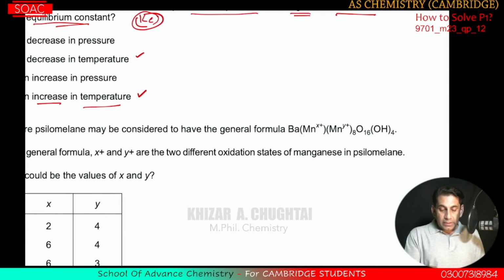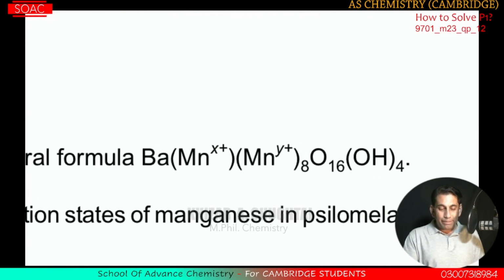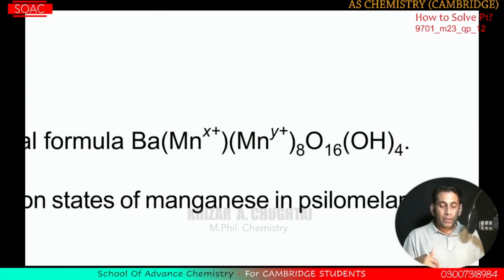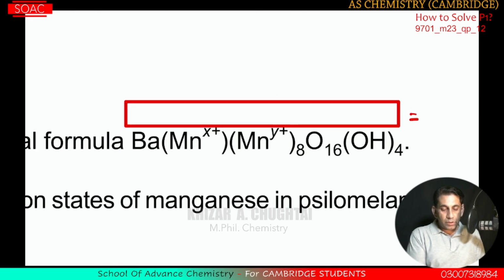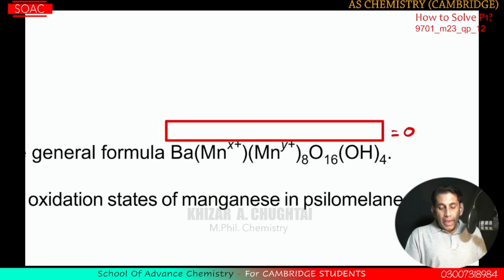The easiest way is that the sum of the oxidation states of all these elements must be equal to 0. It's a neutral compound, so the sum of oxidation states must be 0.